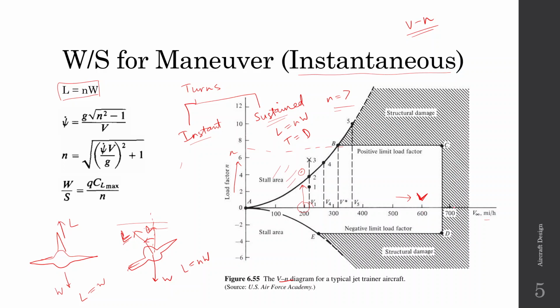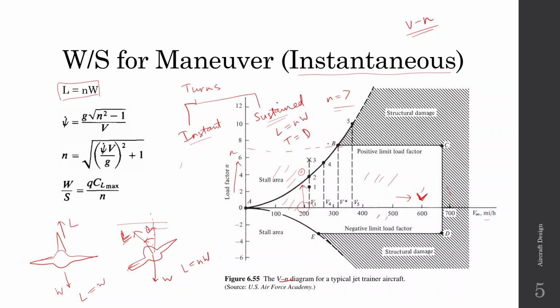Also there is an upper limit of the velocity, and beyond this velocity the aircraft cannot fly. There might be structural damage, or the engine may not be powerful enough to take the aircraft to that speed. So this is the VN diagram, and the space in between is the safe zone where you can fly the aircraft.